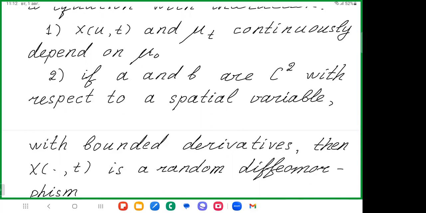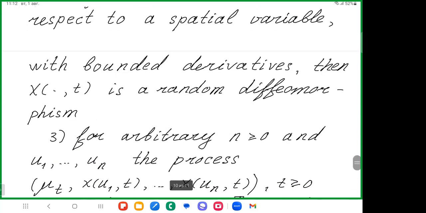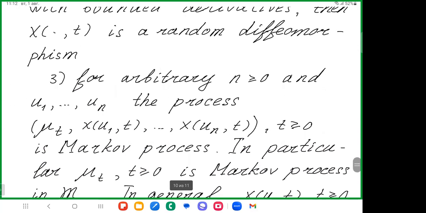So the Markov property, even strong Markov property, can be proved in the usual way, but for which process? For arbitrary m and fixed starting points u1 and so on un, the process mu t and then x u1 t, ..., x un t is a Markov process.